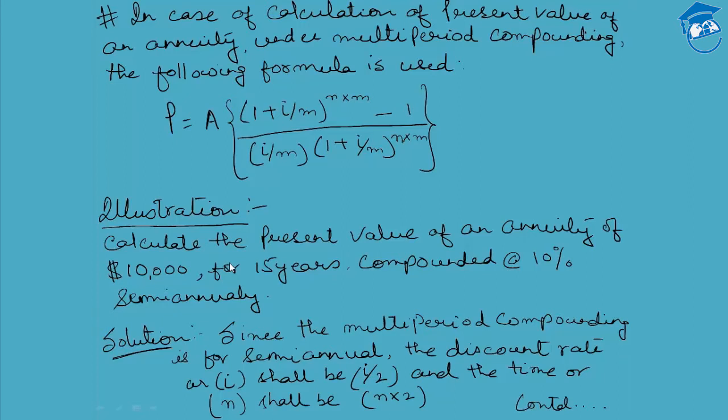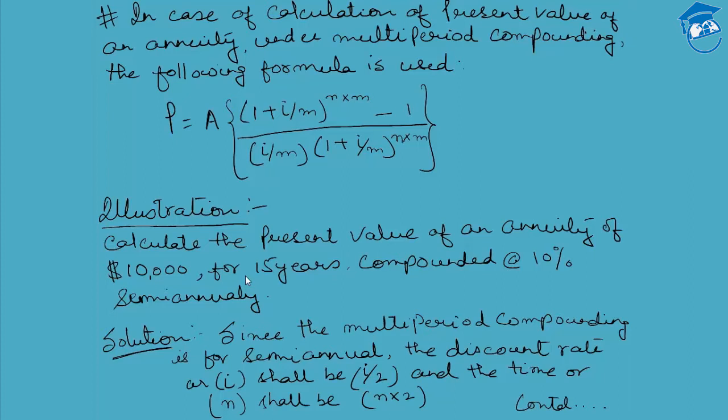So the illustration says: calculate the present value of an annuity of 10,000 USD for 15 years compounded at 10% semi-annually. Once again, students, the question requires us to calculate the annuity amount of 10,000 which is supposed to be obtained for the next 15 years, and the nominal interest rate of 10% is being compounded semi-annually.